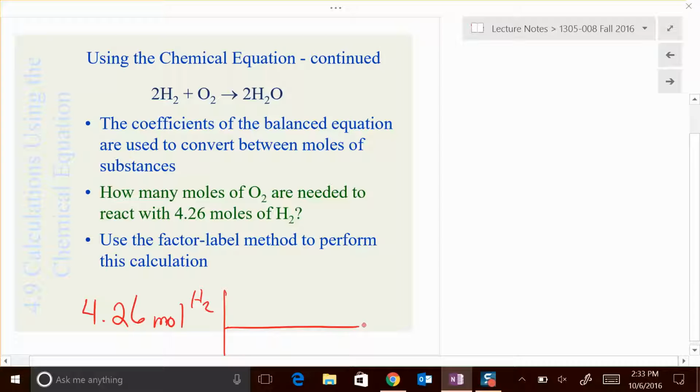And you do put moles O2 on top and moles H2 on bottom. Good. And where am I going to find that relationship? Up on top, in my balanced chemical equation. Okay? How many moles of O2? 1, sorry. How many moles of H2? 2. So what's my answer? 2.13.